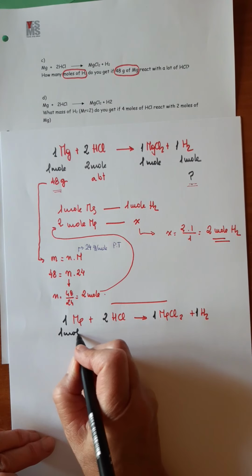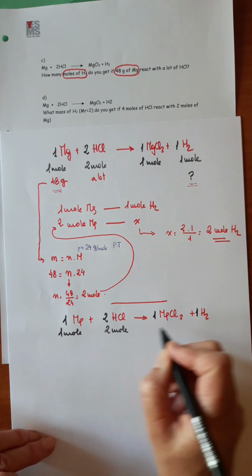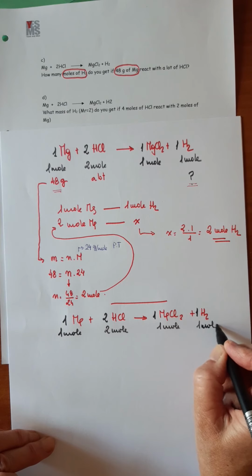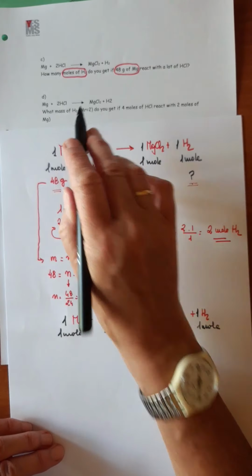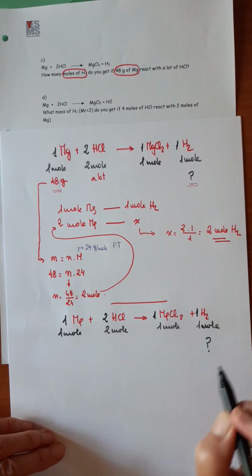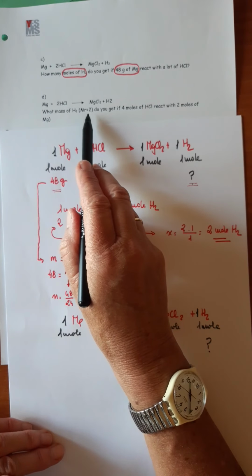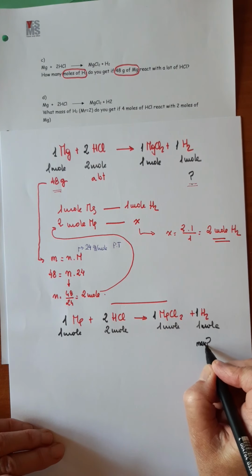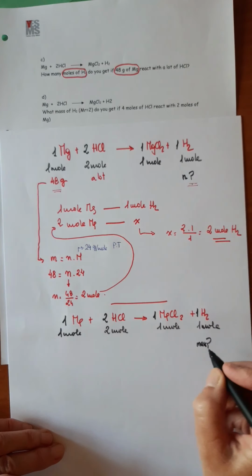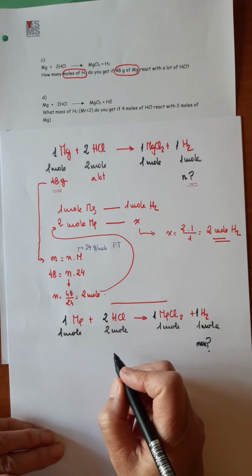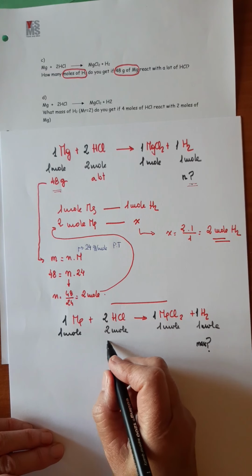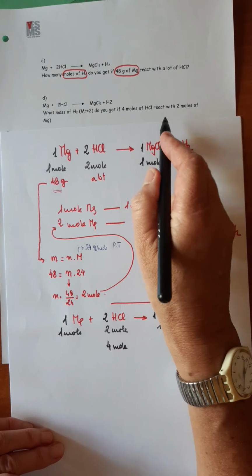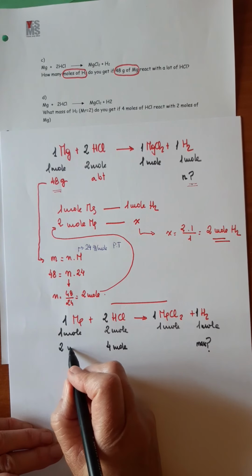So 1 mole, 2 moles, 1 mole, 1 mole, sorry. What mass of hydrogen do you get? So this is our question. But it's mass, okay? In the previous case it was moles, but now it's mass. Do you get if 4 moles of hydrochloric acid react with 2 moles of magnesium?